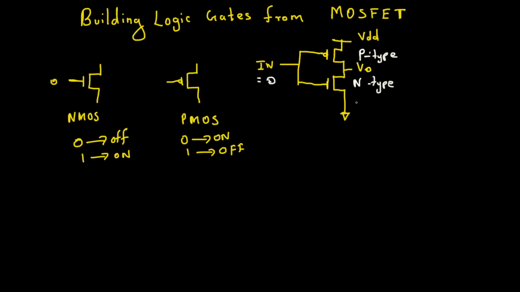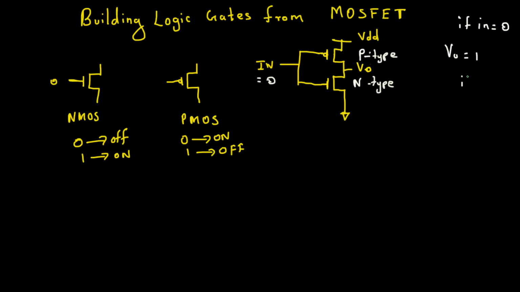Now, let's say the input is 0. What's going to happen? The P-type MOSFET is going to be turned on. So this is a short circuit right now, which means whatever the voltage is will pass through this, and we get the voltage output. So we can say if in is equal to 0, V0 is 1.